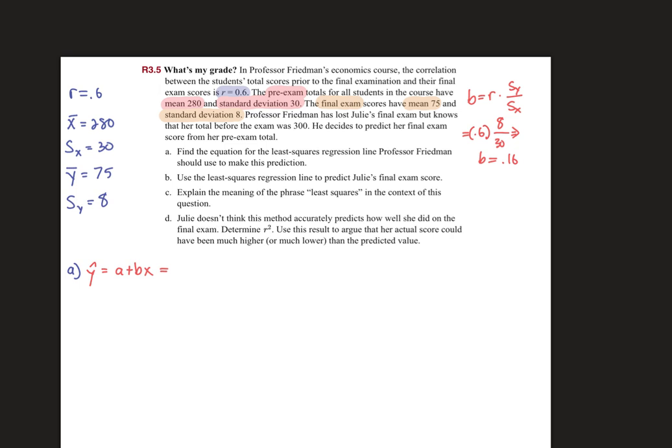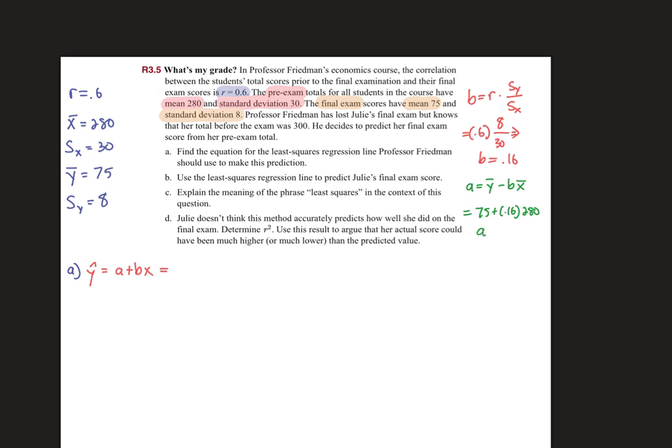Now we'll use this equation here to find a. So a is the mean of the y's minus b times the mean of the x's. They give us the mean of the y's, 75, minus the b that we just found, 0.16, times the mean of the x's, which is 280.